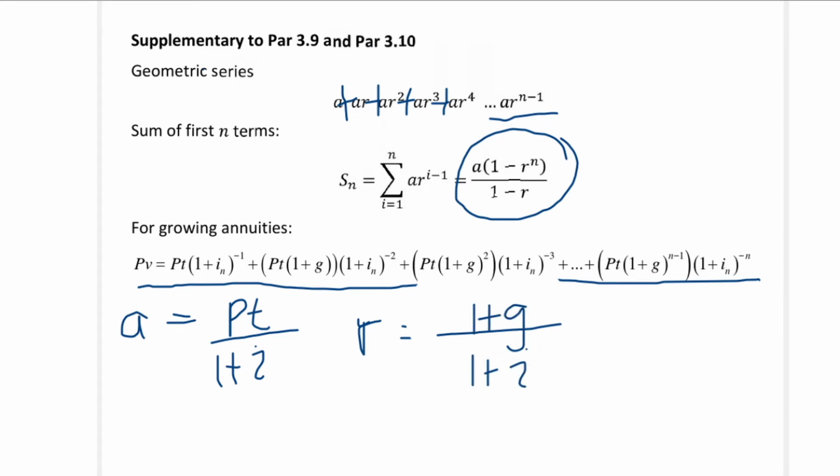Okay, so now I can substitute my A and my R into this formula here to get the present value for a growing annuity.